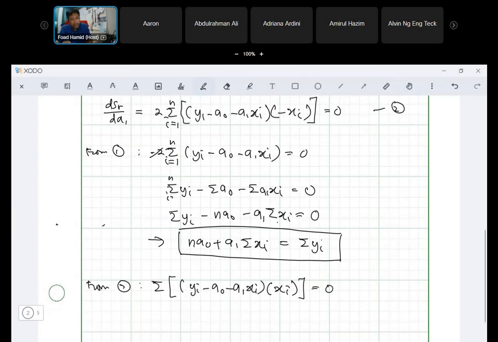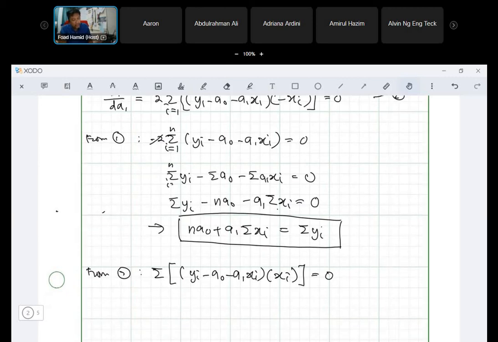Note that our minus and our 2 is just a coefficient, right? And because this is 0, we can cancel it out.